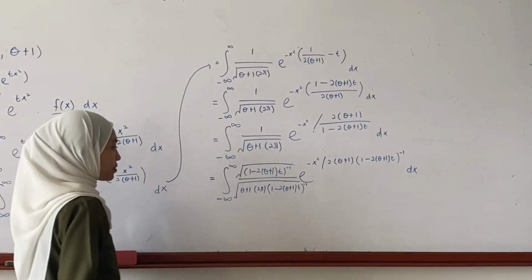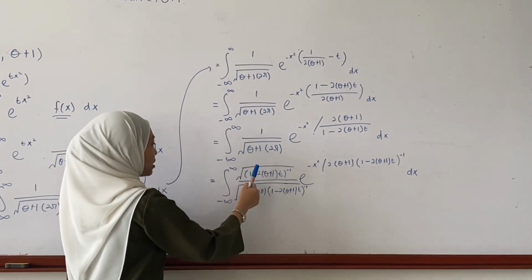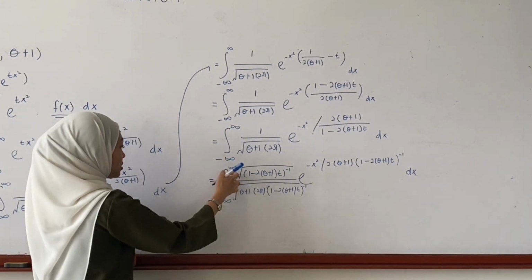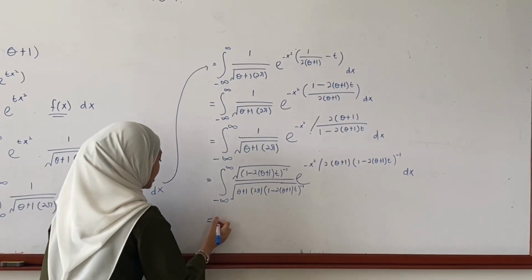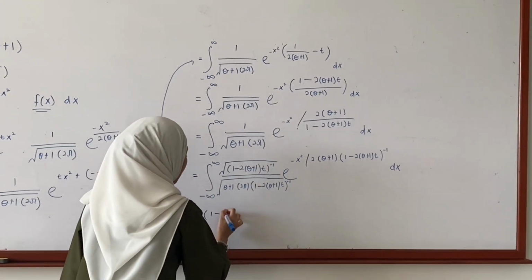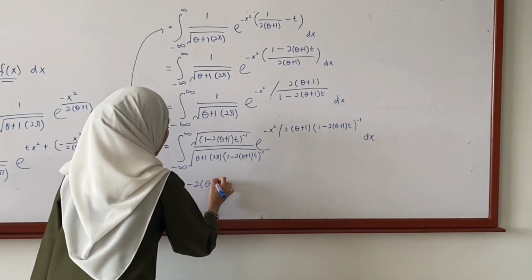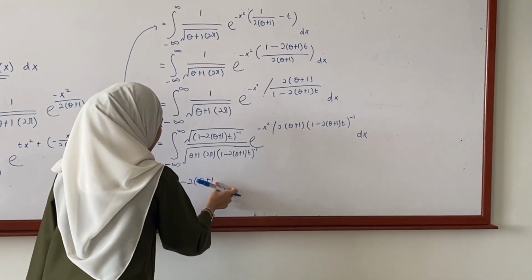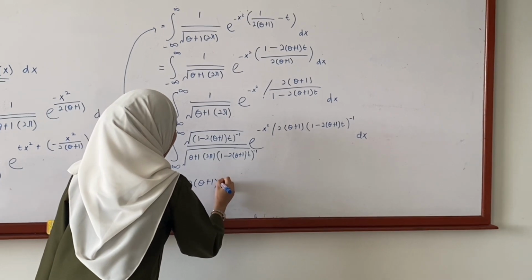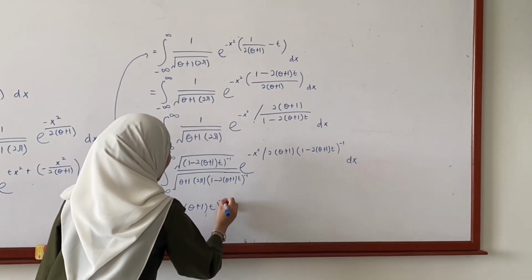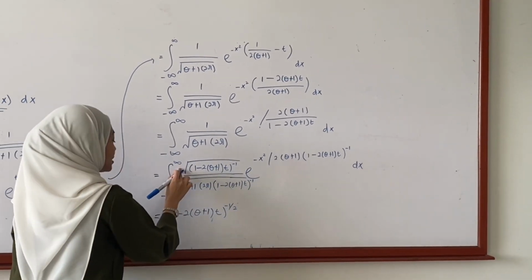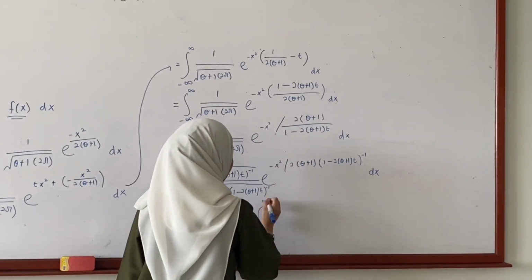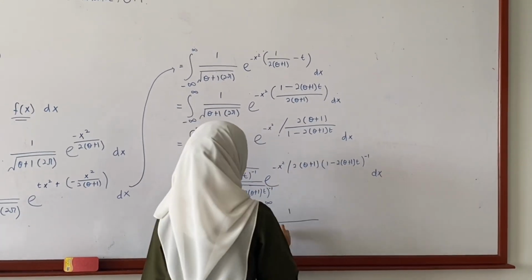For the next step, we need to take out the power up here. Then we will have minus 2 theta plus 1 t to the power of negative 1 over 2, because it is a square root. We will write down this whole thing back.